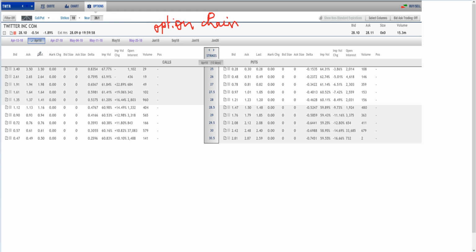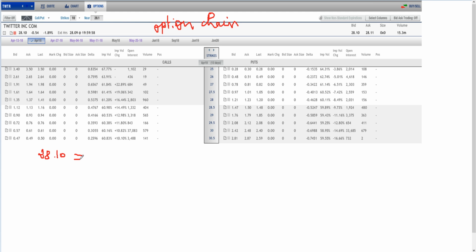If you want to buy a stock like Twitter, on Friday it was $28.10. Okay, let's take this example. Let's say last Friday you want to buy Twitter at $28.10.